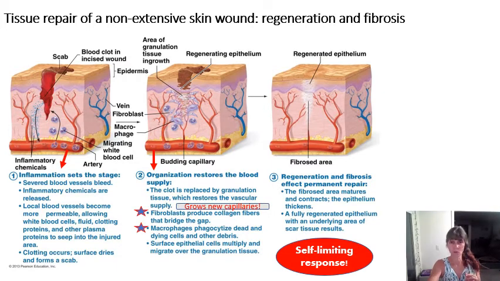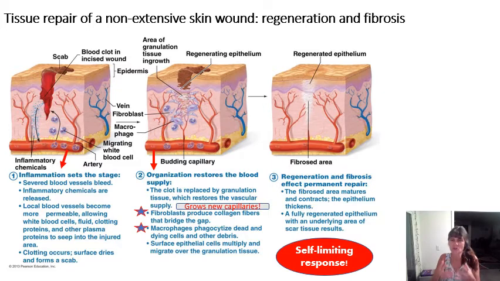And what happens next is the fibroblasts inside the dense irregular connective tissue are going to produce a special tissue known as granulation tissue. The cells within the granulation tissue release chemicals that are going to send signals for blood vessels to come back into the area, growing new capillaries.